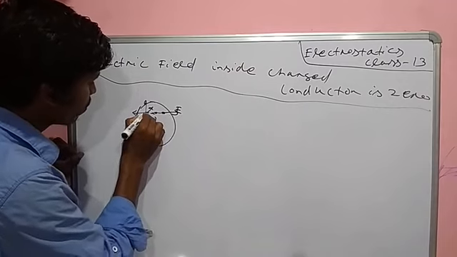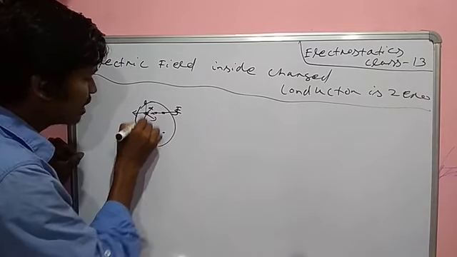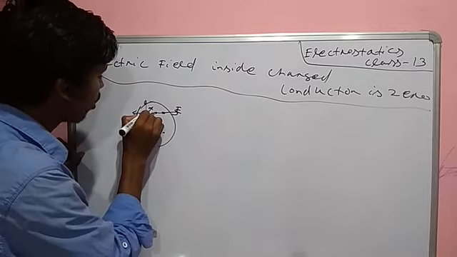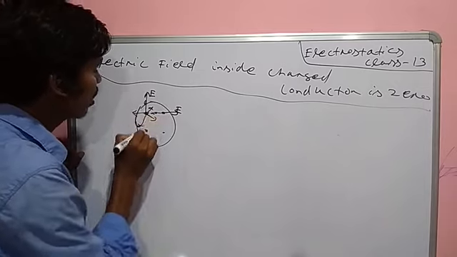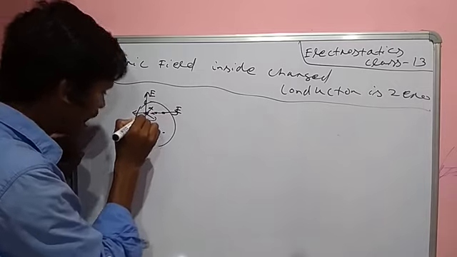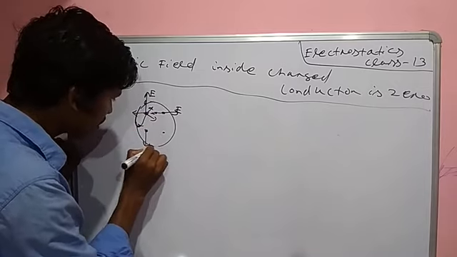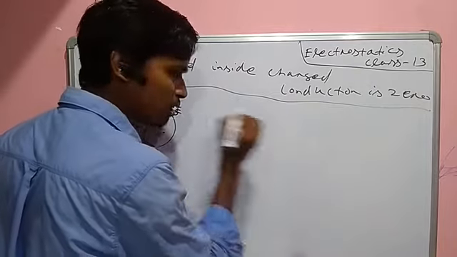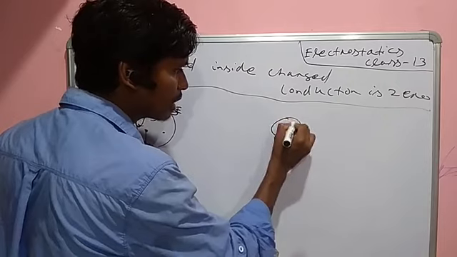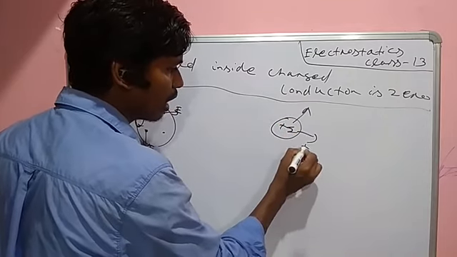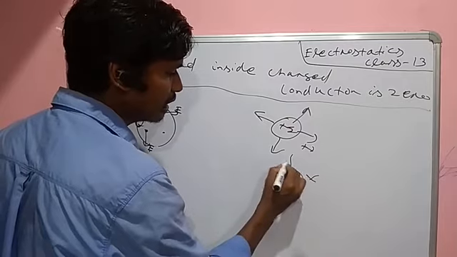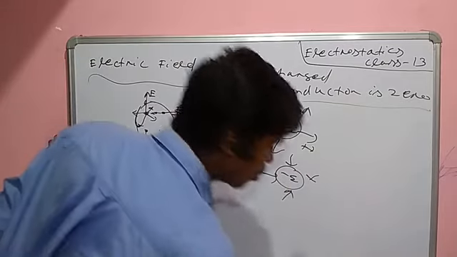Inside, the field is zero, because due to this charged particle the field at this point is in this direction, and due to the other charged particle the field is in the opposite direction. We already know the proton is a positive charge. Due to a positive charge, the electric field is in the outward direction. Yes or no? Due to a negative charge, it is in the inward direction. Yes or no?